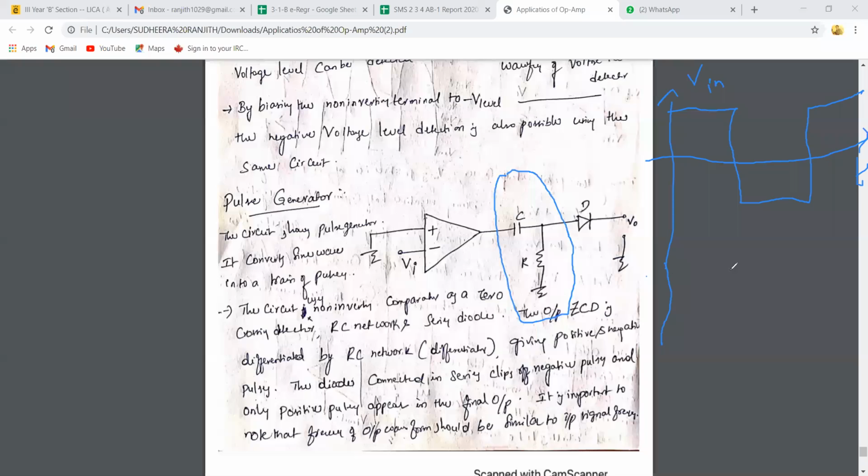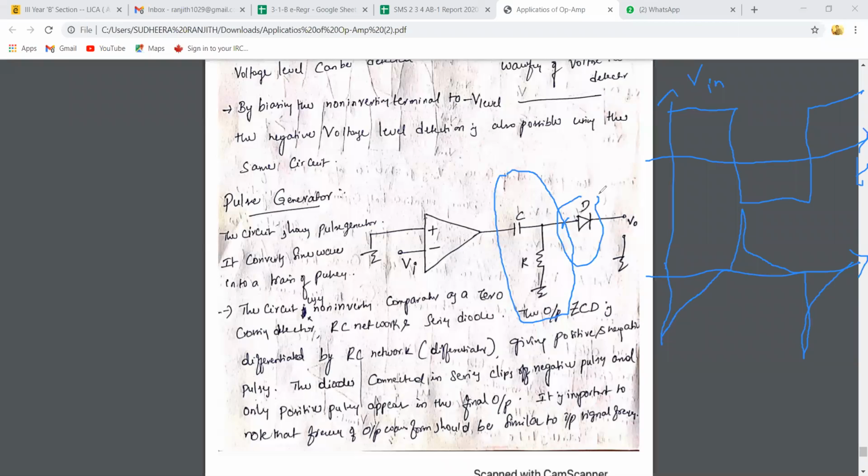Right, very good. Train of impulses, right? So we are getting impulses like this, right? So what is the output of your differentiator? Train of impulses, right?